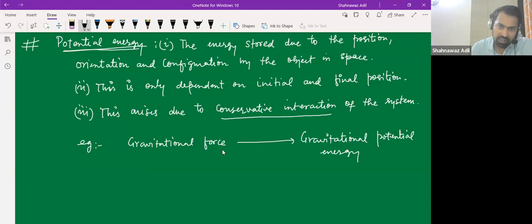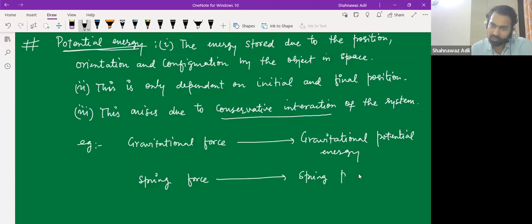Right. And let's say if you have this spring force, so due to this spring force, you have this spring potential energy.